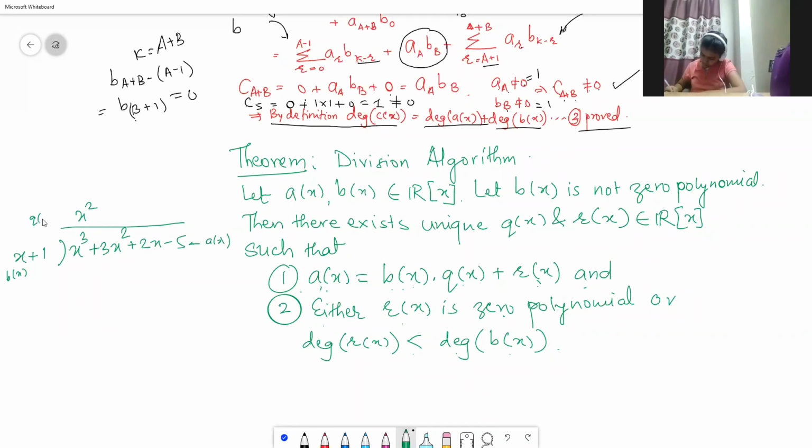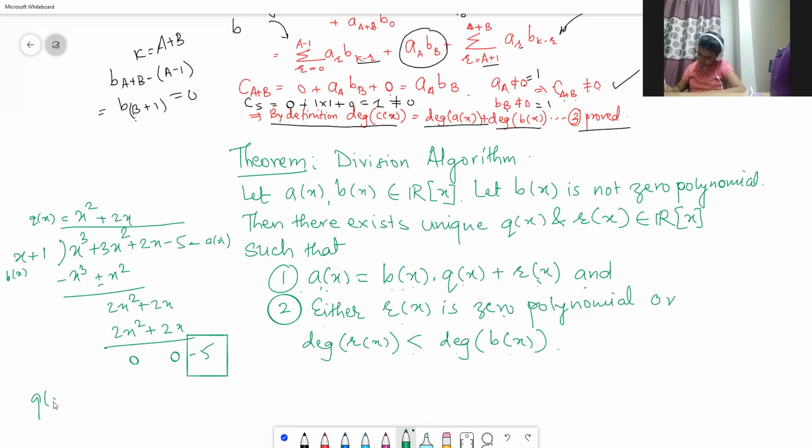I am writing Q of x here, x square, so x cube plus x square, subtract, you get 2x square plus 2x, 2x square plus 2x. 0, 0 minus 5. There is nothing more, therefore, this is remainder. So Q of x is equal to x square plus 2x. R of x is equal to minus 5.